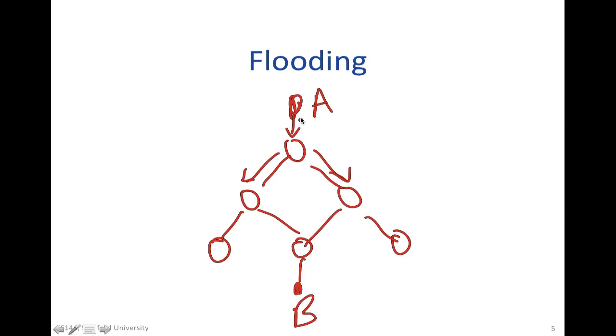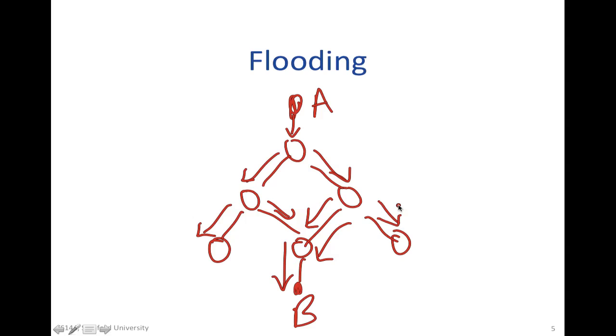So packets from A could come down to this first router, go out this way and this way. Then when it gets to this router, it could be sent out this way, and likewise here. And eventually, clearly, the packet is going to get delivered to B. In fact, it'll be delivered to every leaf in the network.